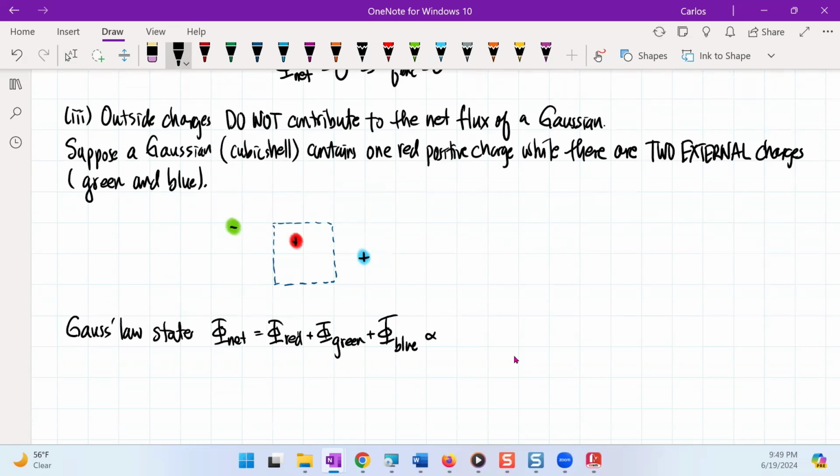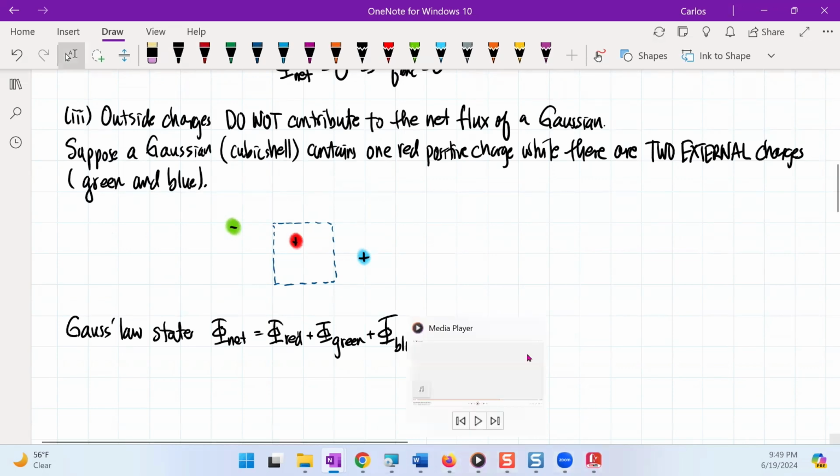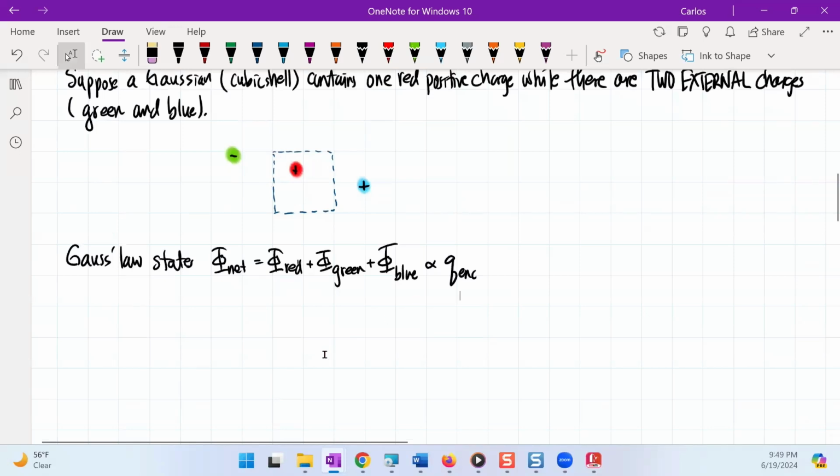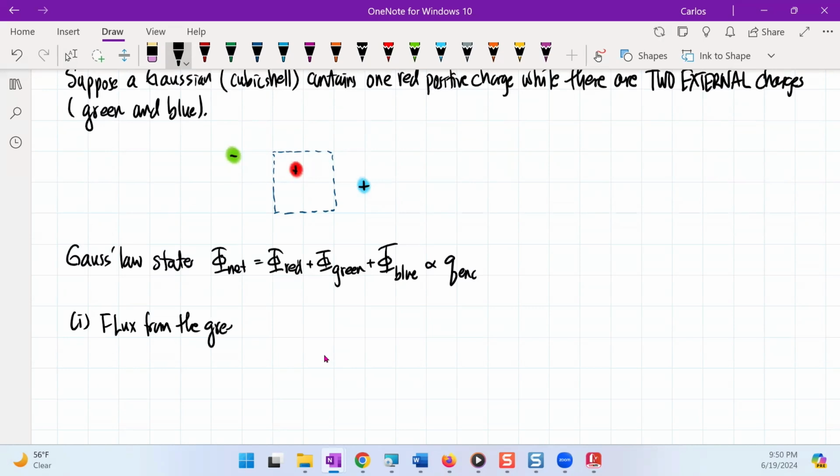And this should be proportional to the enclosed charge. Well, let's look at each of these situations here. So the first thing that we want to focus on is the green charge. So now we want to look at the flux from the green charge.